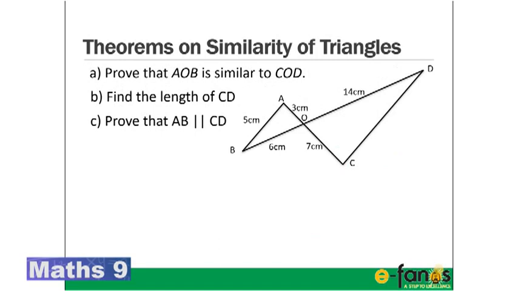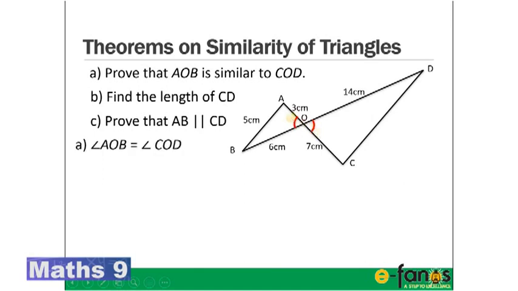Example: prove that triangle AOB is similar to triangle COD. Find the length of CD and prove that AB is parallel to CD. First of all, if we look at the two triangles, we see that they share a common angle in the centre, because these two angles are vertically opposite.